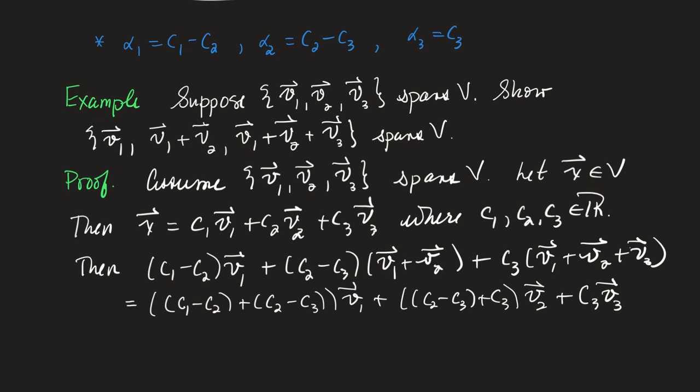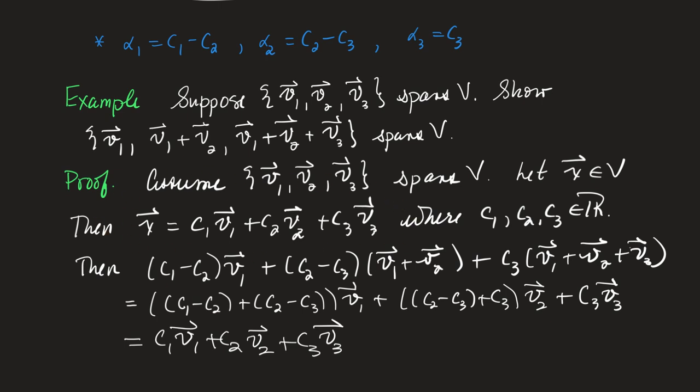Now if I simplify that, what I get is C1 V1 plus C2 V2 plus C3 V3, and we know that that is actually X from this part here.